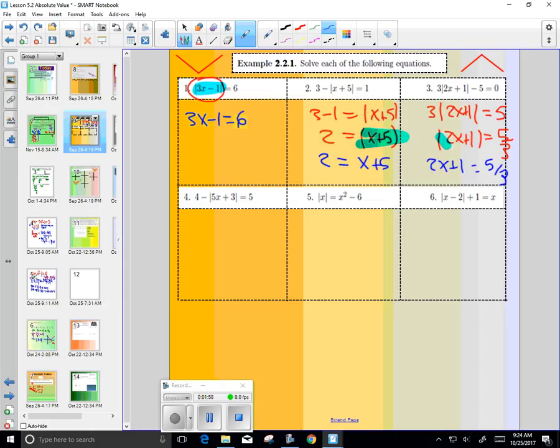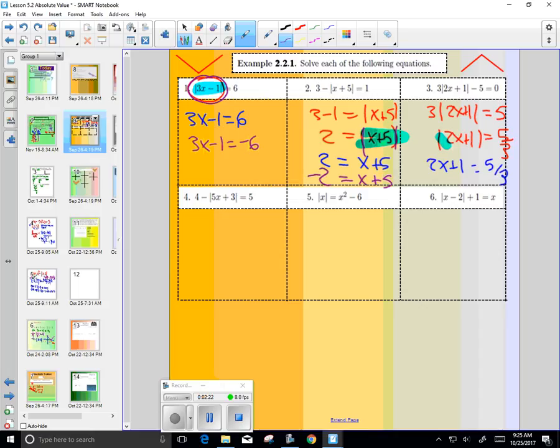The second one, you write whatever's in here, and then you set it equal to the opposite of what's on the other side. So we have 2 equals absolute value of x plus 5. So x plus 5 equals 2, and x plus 5 equals what?